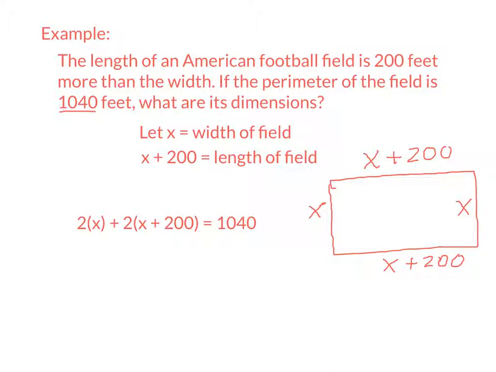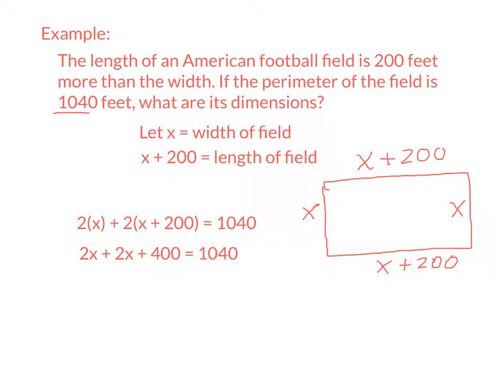So we've got 2 times the width, which is x, so that's 2x, plus 2 times the length, and the length is x plus 200, and we're told from the problem that the perimeter is equal to 1,040. So 2 times x plus 2 times x plus 200 equals 1,040. So this is the equation we're going to use to solve this problem.